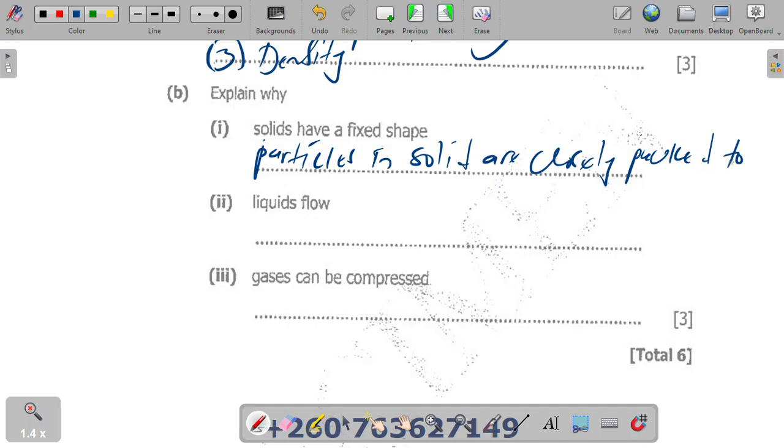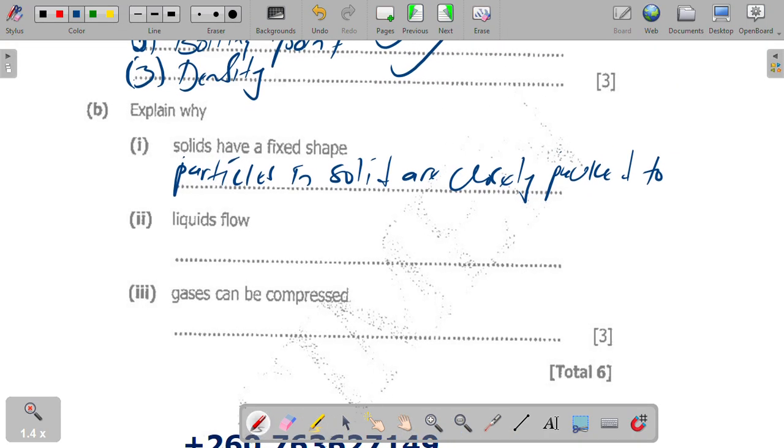Okay, they are closely packed together. So they hold a fixed position which is held by strong forces. So particles in the solids are closely packed together.